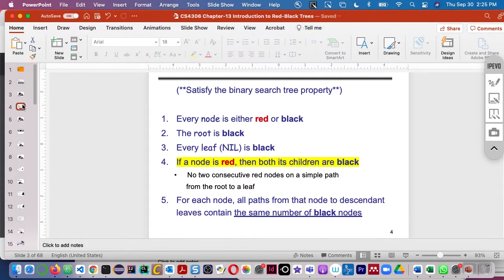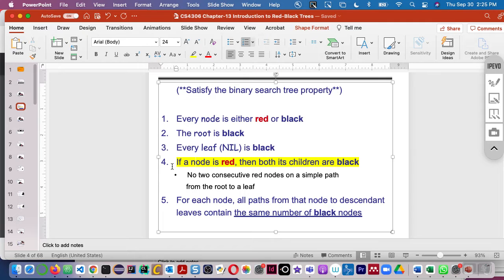This is why I said that number 4 is the most difficult, and another difficult one is this one. These are the problematic ones, because it is simple that all leaves will be black. Simple, right? The root will always be black. It is simple. But this one says that if a node is red, then both children are black. So what does it not say?